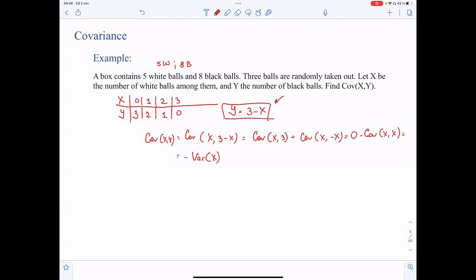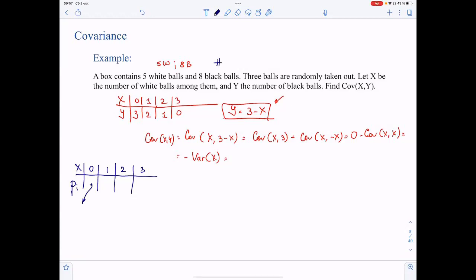Fantastic. Now, in order to evaluate these values, I need to estimate a variance of x. In order to do that, I need a marginal distribution of x. So let's structure the probabilities.